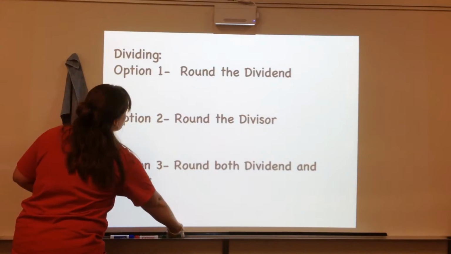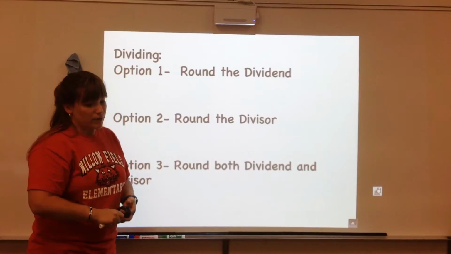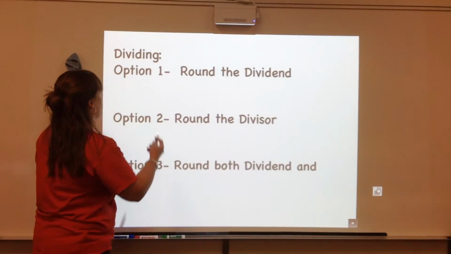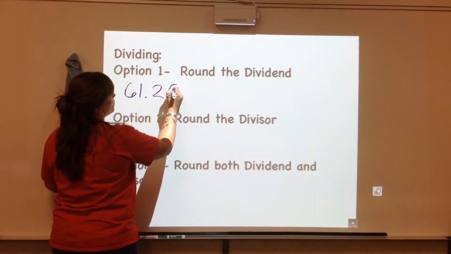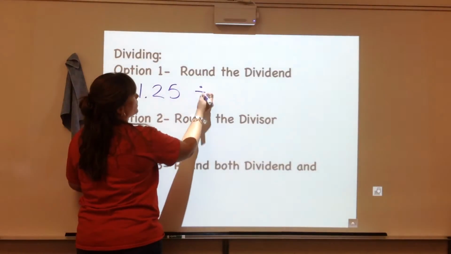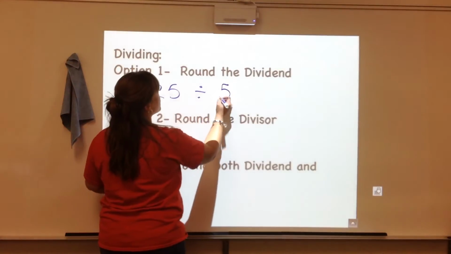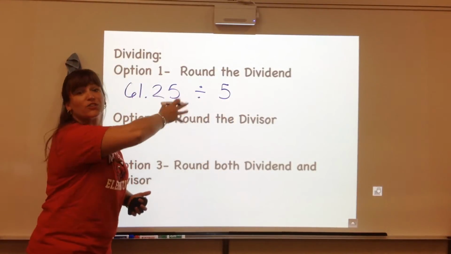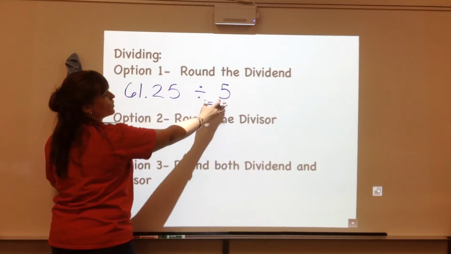So if you can, the first option is to round the dividend. So for instance, if our problem, and write this down as well, is 61 and 25 hundredths, and we're dividing that by a divisor of 5, there's no decimal here. We're going to try to keep that. So in order to keep that 5, we want a number that works with 5.